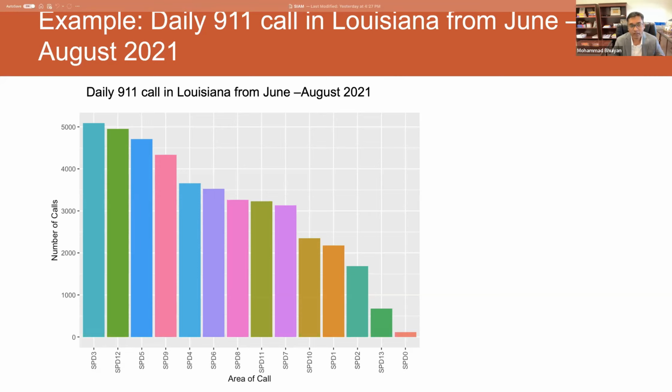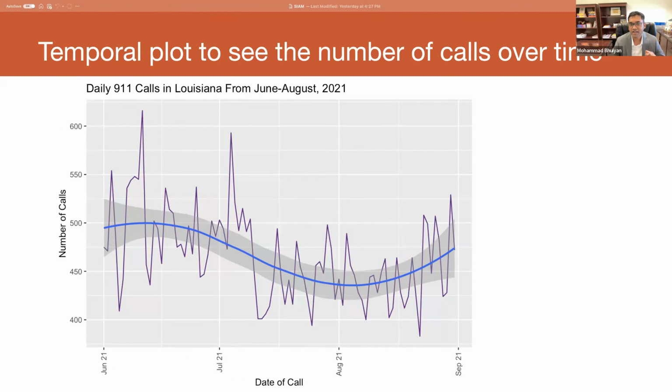We are getting more data from them, but from the 3 months of data, we identified 4 different regions getting more calls. Then we wanted to see if there is any kind of trend in these calls. We can see that over time there are some ups and downs, some spikes. Sometimes the numbers get very high, sometimes they go down. We made this plot of number of calls by date.